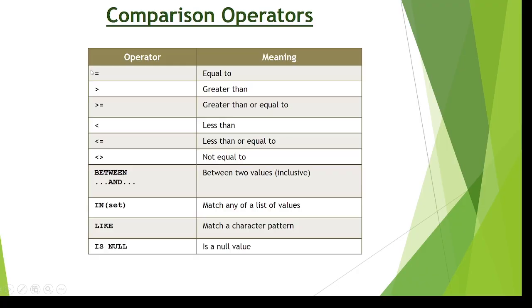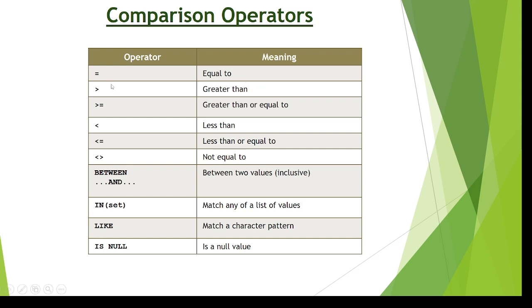In SQL, comparison operators are used with the where clause to filter rows based on the specified conditions. Here are the commonly used comparison operators. We have is equal to, which is used to retrieve rows where the value of the column is equal to the specified value.